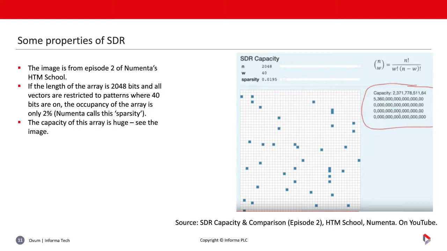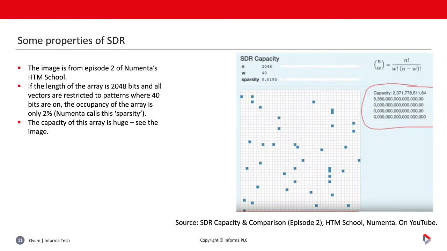If we consider vectors that have only 40 bits that are on, vectors with a length of 2048 but only 40 of those bits on, they're very sparse vectors. Most of the vector has zeros.